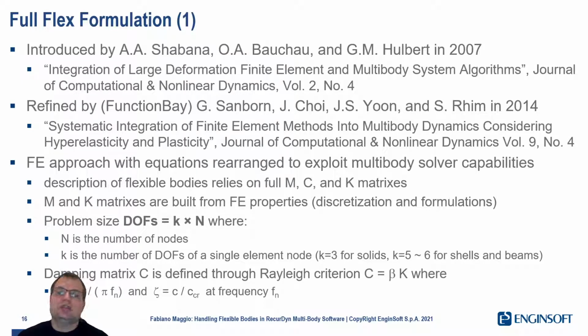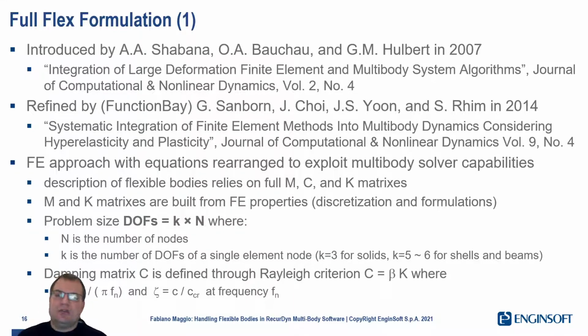This changes with the type of elements, so it's 3 for solids, 5 or 6 for shells and beams. So if you have 10,000 nodes, you might have 30,000, 50,000 or 60,000 degrees of freedom per that body.